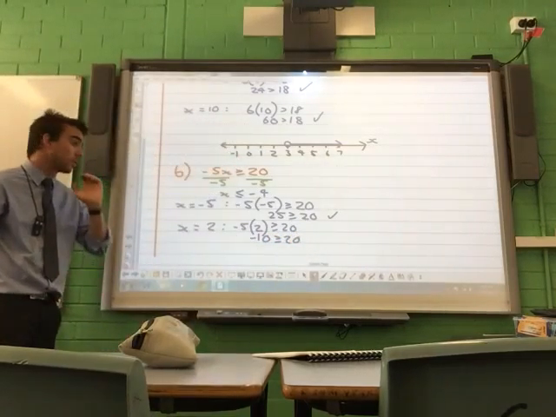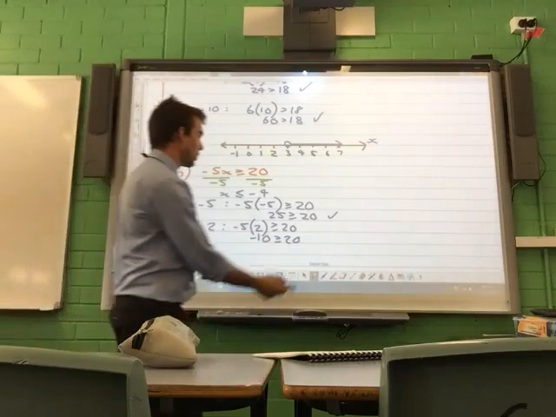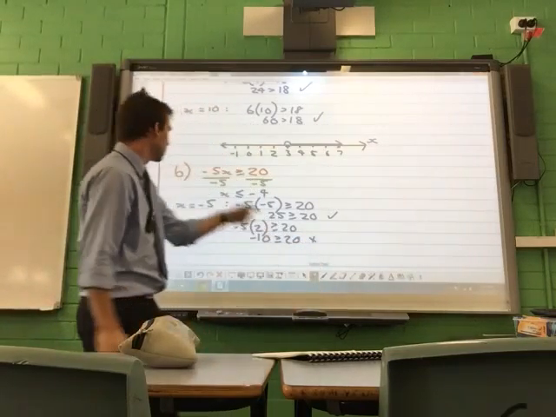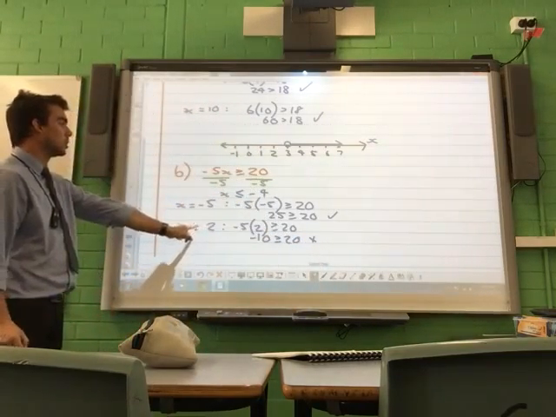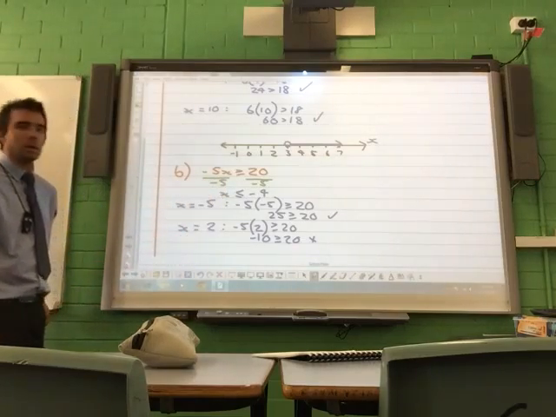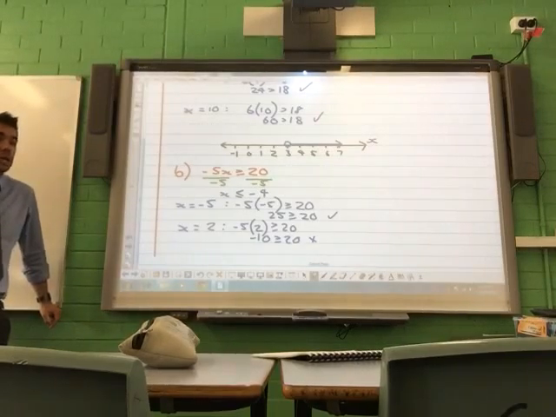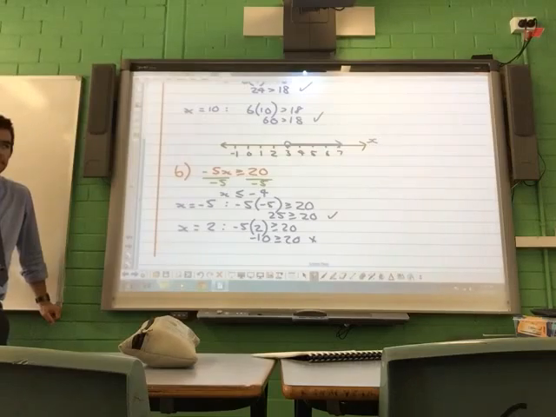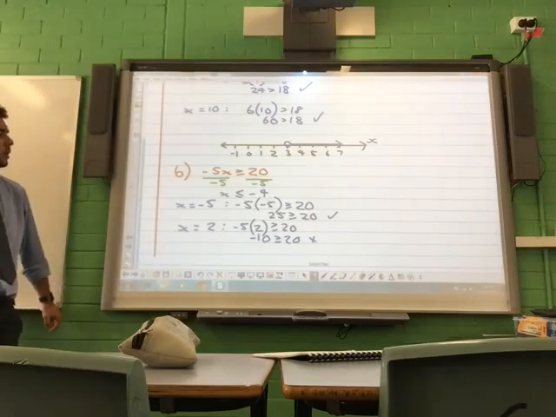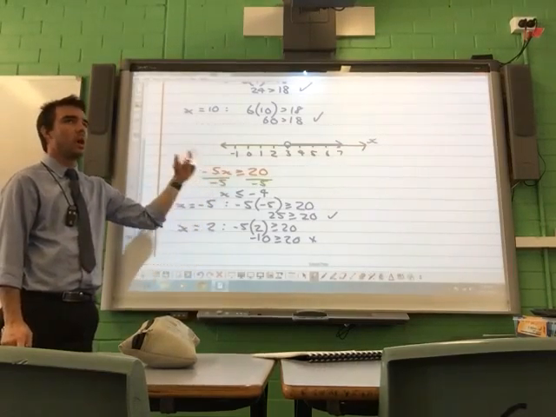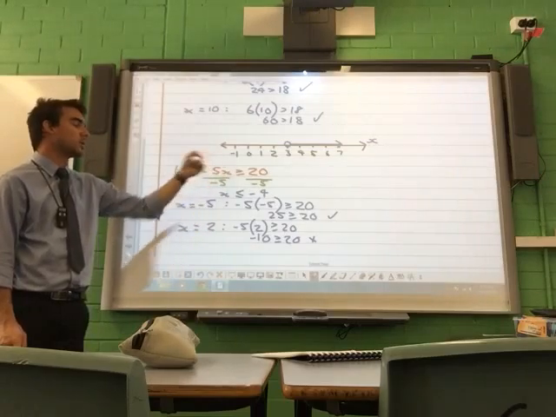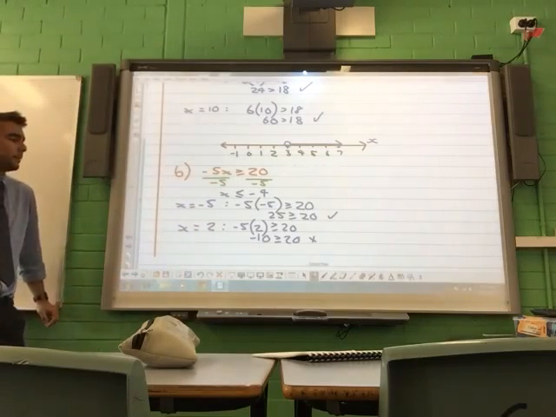So negative 10 is greater than or equal to 20, and that's not a correct inequality because it didn't suit the original inequality. Okay? So the sign changes when you're multiplying or dividing by a negative number, or if you take reciprocals of both sides. Okay, so typically you're more likely to see it when you're multiplying and dividing by a negative number.